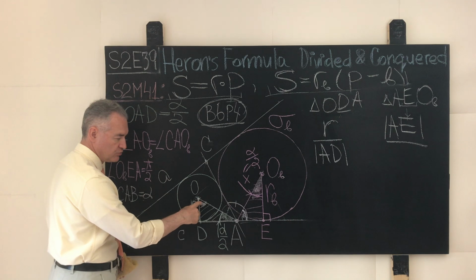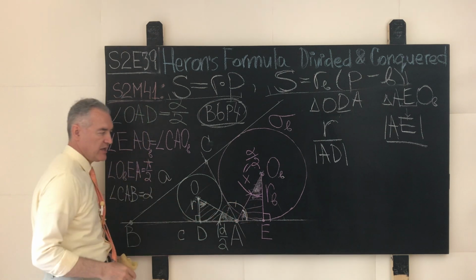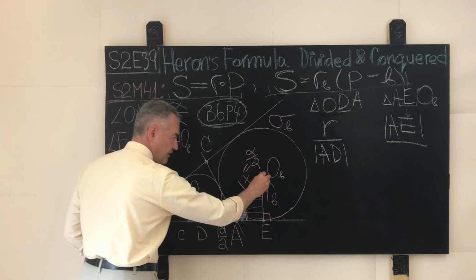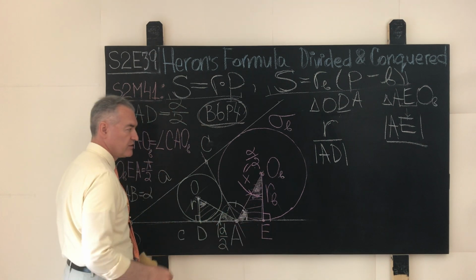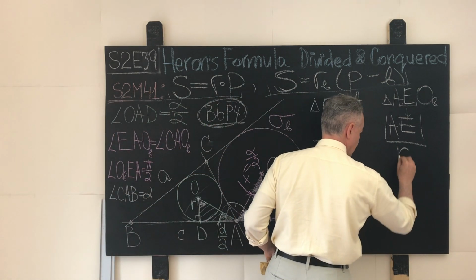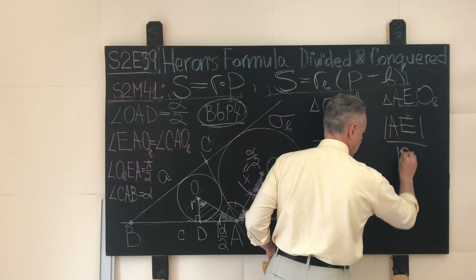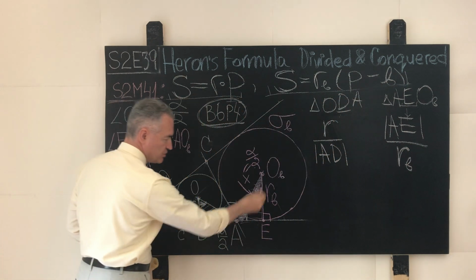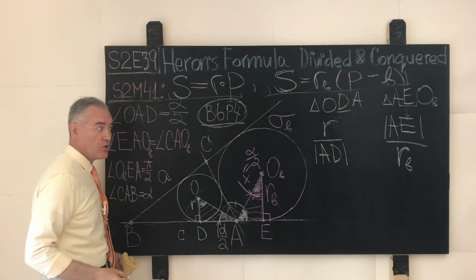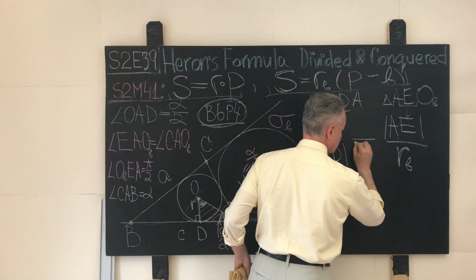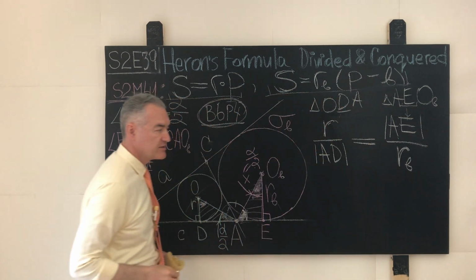And what is the magnitude of this angle in this triangle AEOB? It's this guy right here. So here we take this side in this triangle, and that is what? That is precisely the length of the radius of the ExCircle that is externally tangent to the side B, which is marked as RB. And voila, by book 6 proposition 4, these two ratios must be the same.